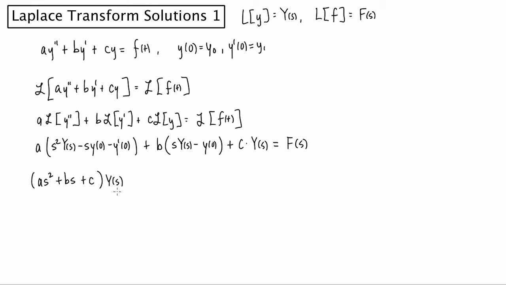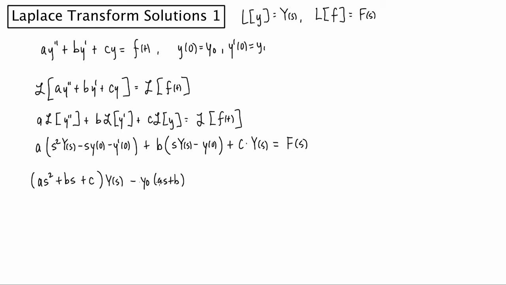And then if you look at the parts that are left over, what you end up having is minus a y at 0, which we're calling y naught. So a y naught s plus b. You can see that here.